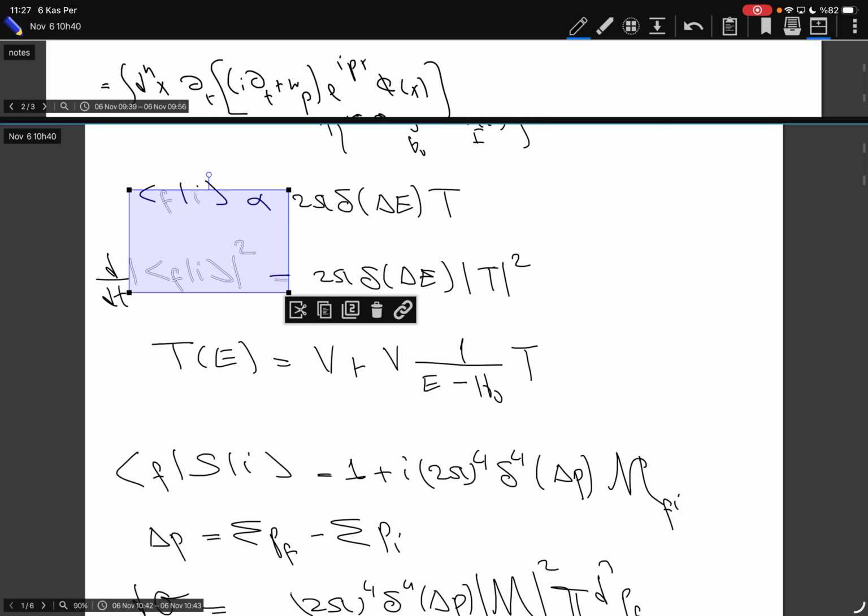I assume that my particle is in a given plane wave state. In the final state, it will also be some other plane wave. I will be calculating these transition amplitudes. We had already done one example in the time-independent perturbation theory case. Now we will try to generalize it to arbitrary processes, which might involve an arbitrary number of particles in the initial state and an arbitrary number of particles in the final state.